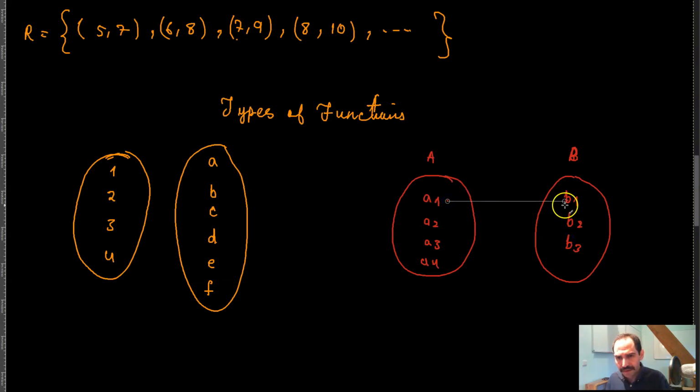Then if this element is mapped to this element, and this element is mapped to this element, and this element is mapped to this element, and this element is also mapped to this element, then this is called a function.